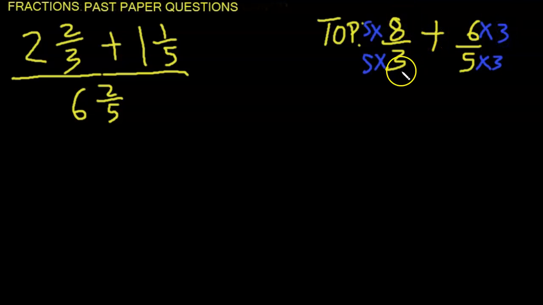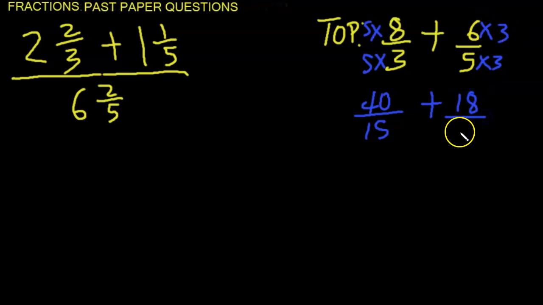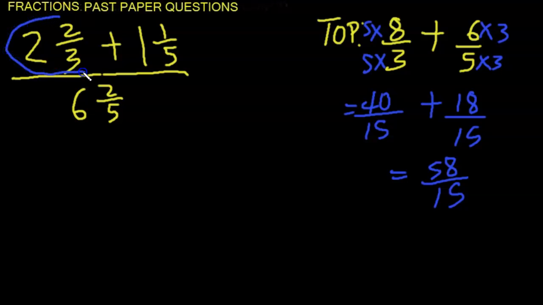So 8 over 3 becomes 5 times 8, 40, over 5 times 3, 15, plus 6 times 3, 18, over 5 times 3, 15. So now we can add both numerators, 40 and 18. That's 58 over 15. So the entire top works out to be 58 over 15.